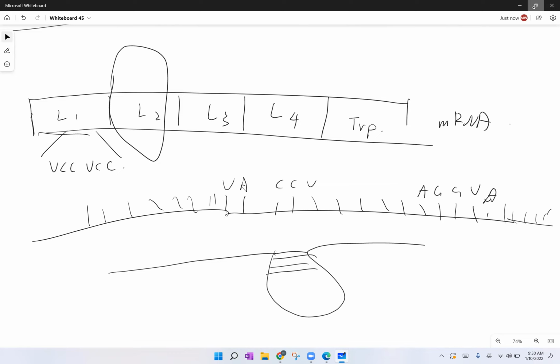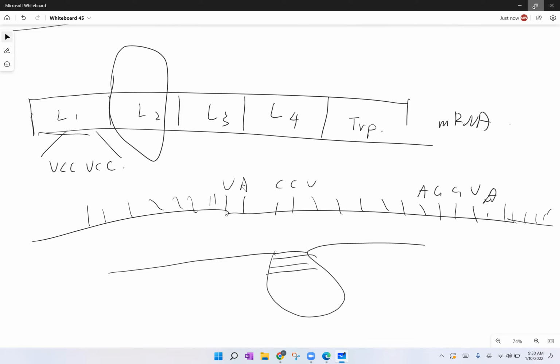And your leader 1 region will occupy the ribosome for a very long time, okay? Until the 2 tryptophans are found, okay? So if the tryptophan concentration is low, your ribosome is going to stay at the L1 region for a long time. That means you have to leave L2, L3, and L4 in the cytosol and let them be, okay?